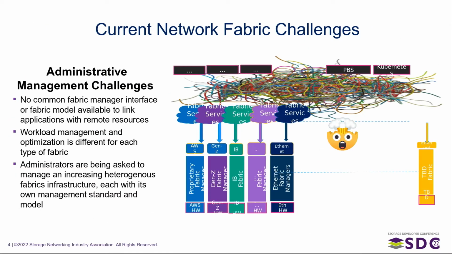Right now, somebody made this up in my working group. We have a lot of different fabrics. We've got Ethernet, we've got InfiniBand, we've got OmniPath, we've got Gen Z. We've got all these fabrics, and nobody seems to be able to make one common interface for everything.